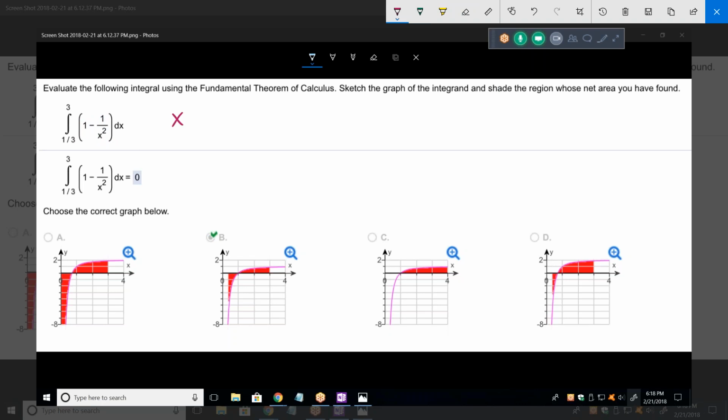Best way to do these so you don't make a mistake is to first of all write it with a negative exponent. Now it's easy. In other words, now you add 1 to the exponent and divide by the new exponent.